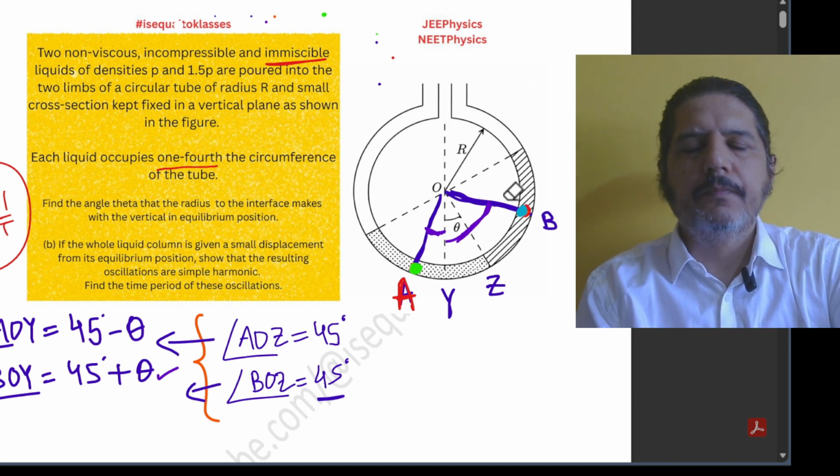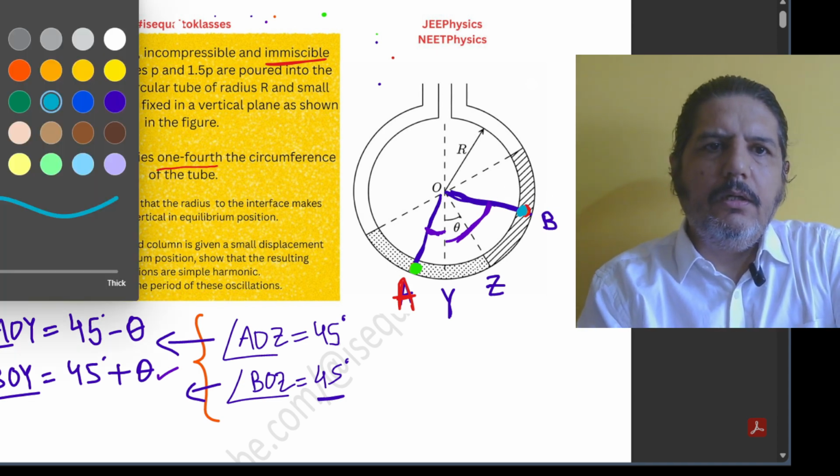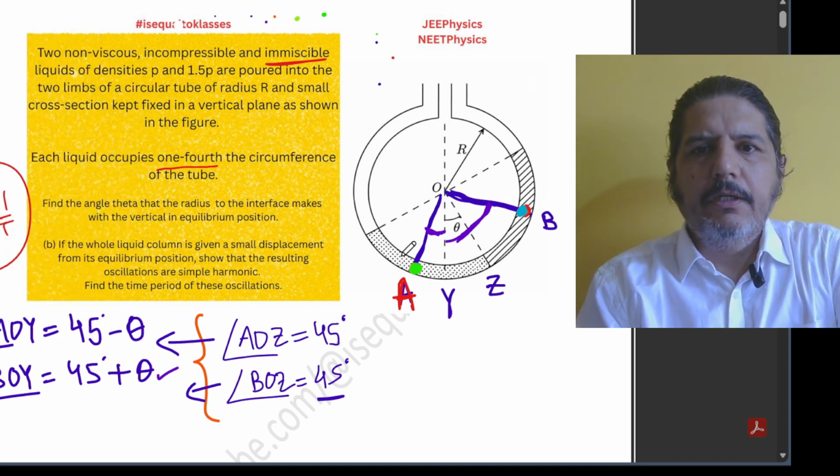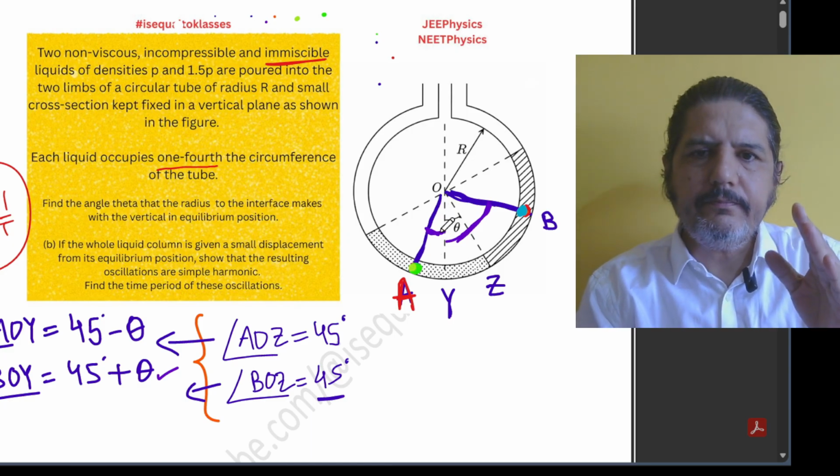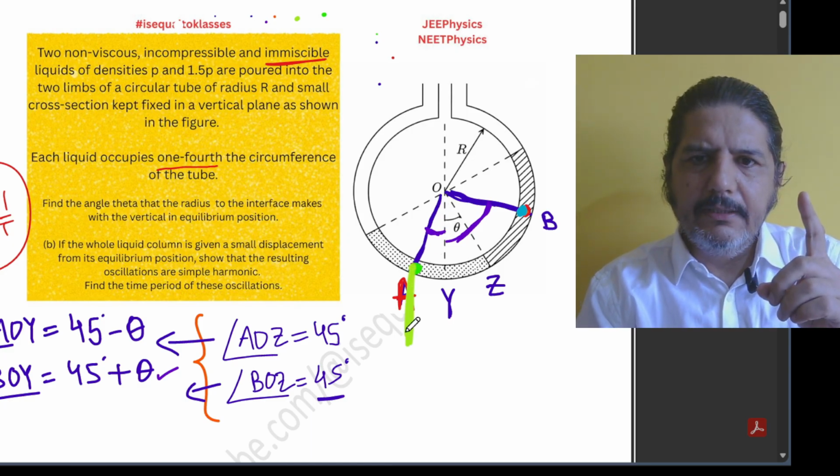previous diagram again. Now see, the mass will be in this direction. Here also the mass would be in this direction.